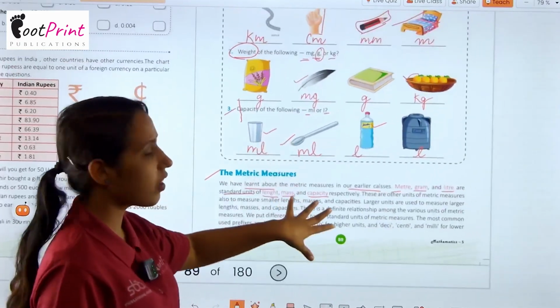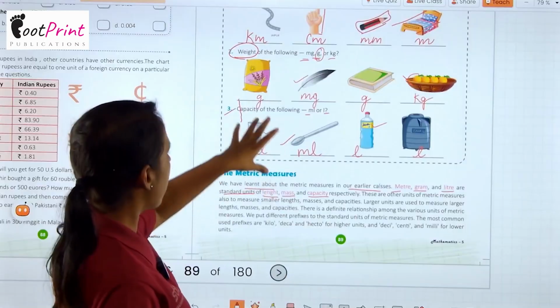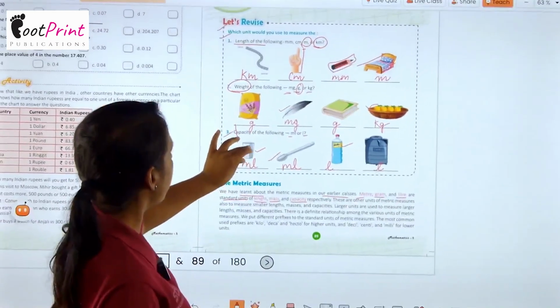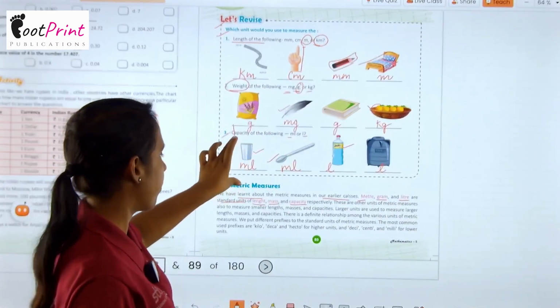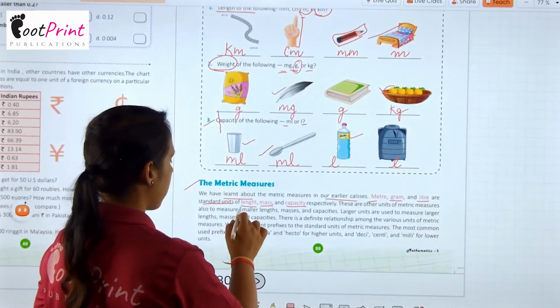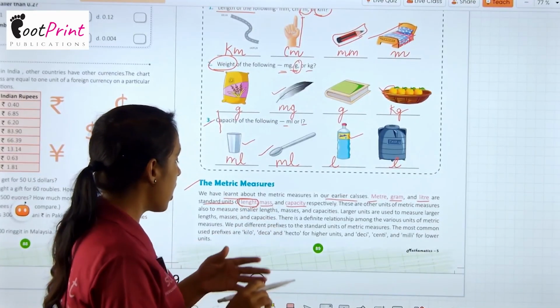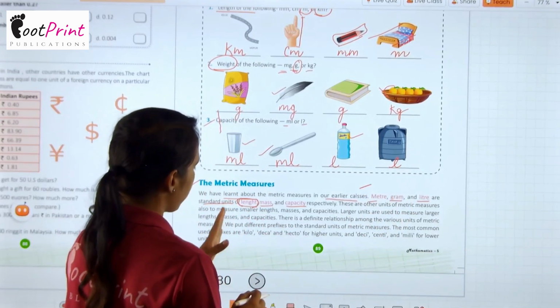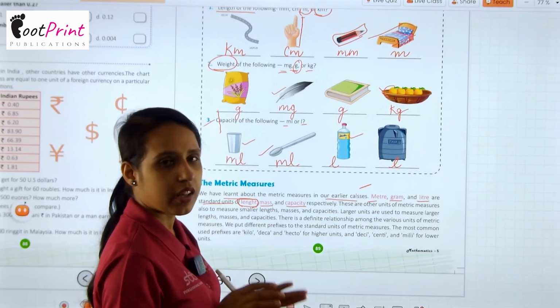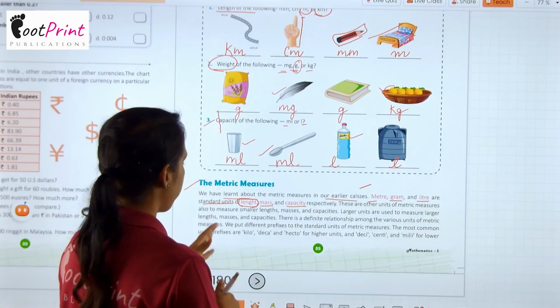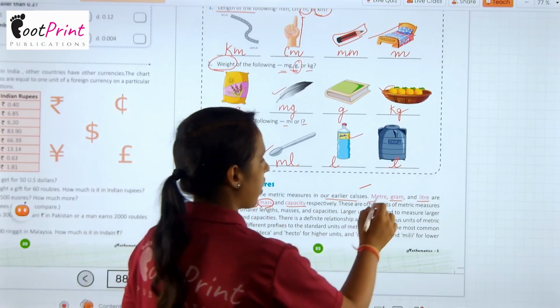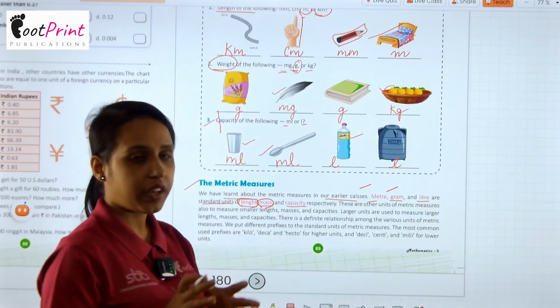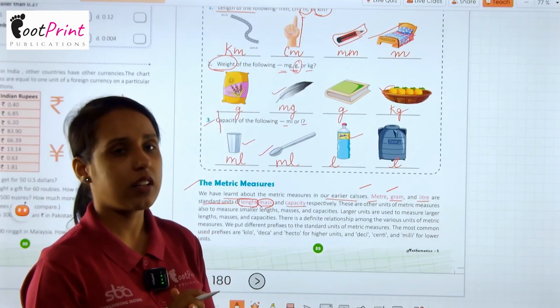You have learned this in your previous class. If we say the standard unit of length is meter, the standard unit of weight or mass is gram, and the standard unit of capacity is liter.